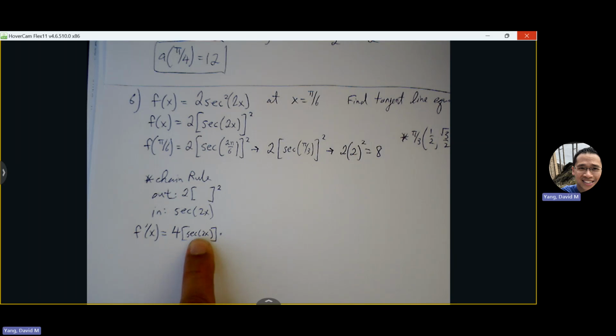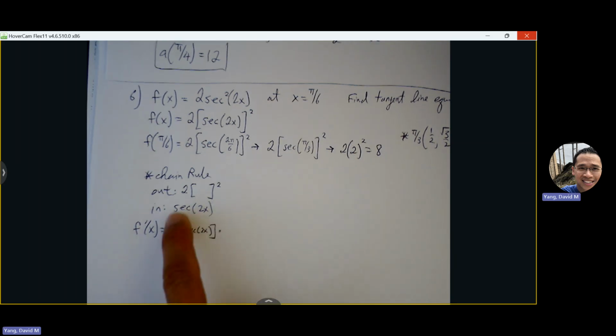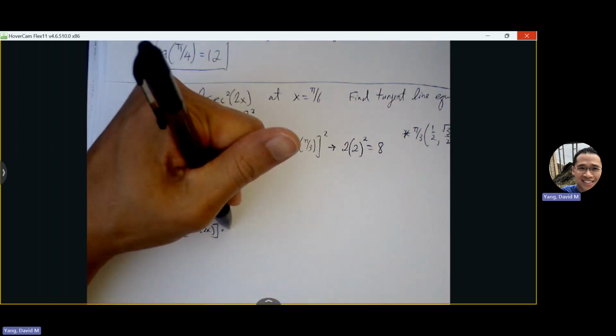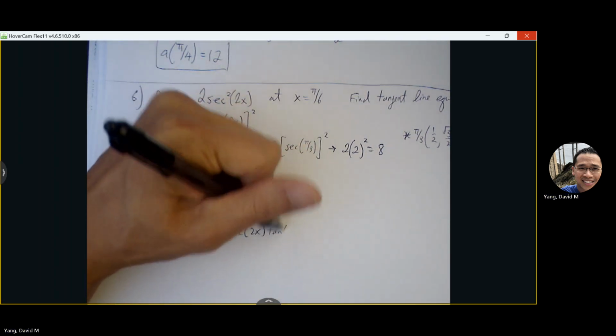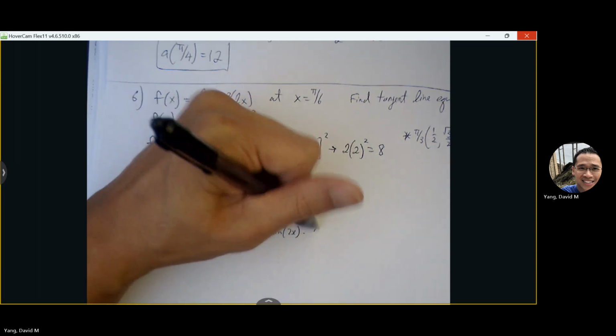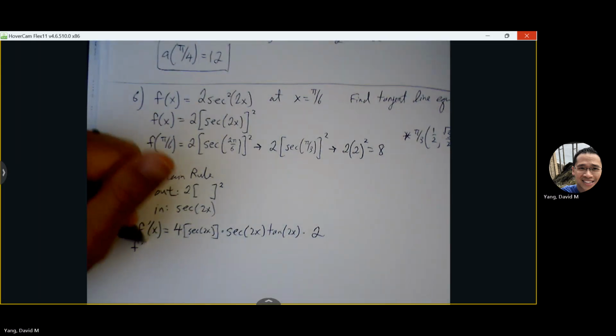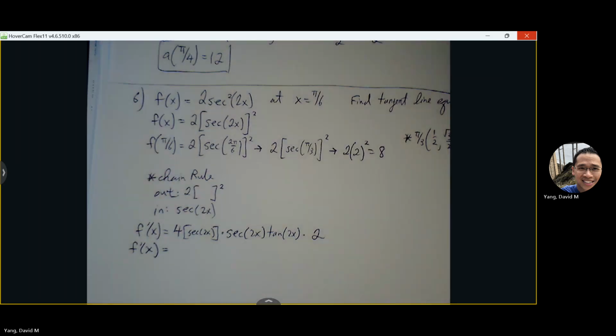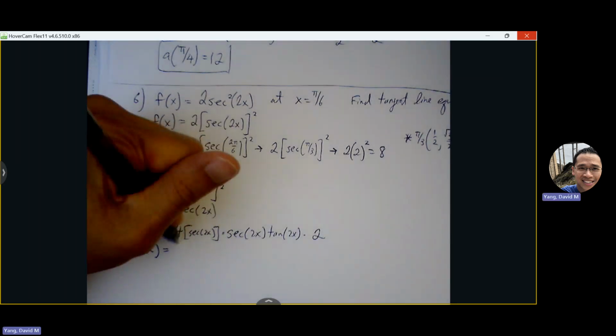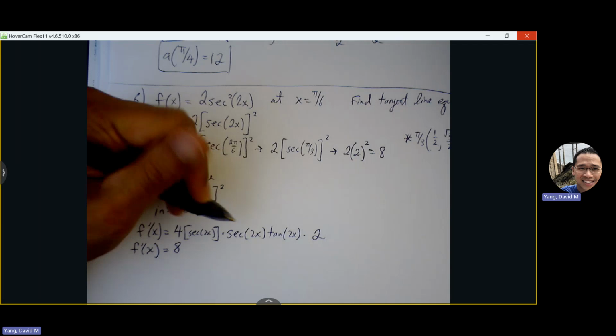Now that we have the outside derivative, we're going to take time with the inside derivative. In a separate space, secant of u becomes secant u tangent u times u prime. Pull all the coefficients out in front.